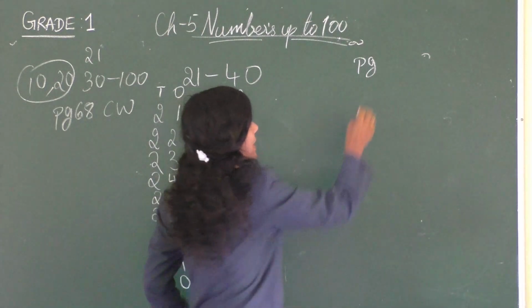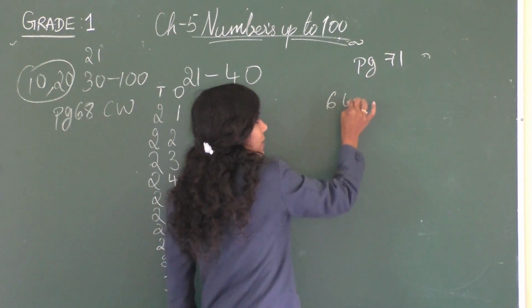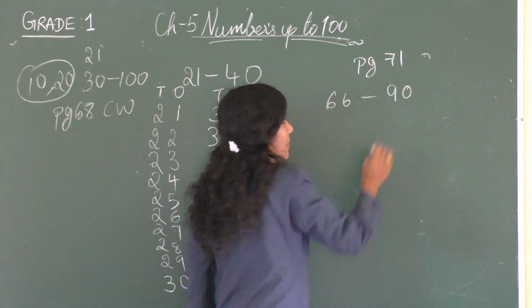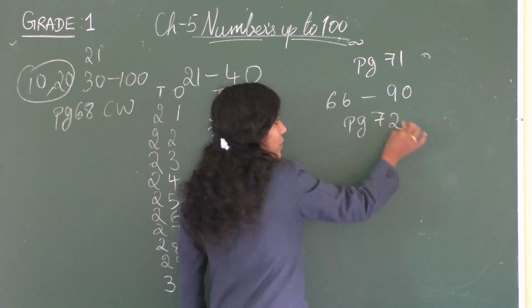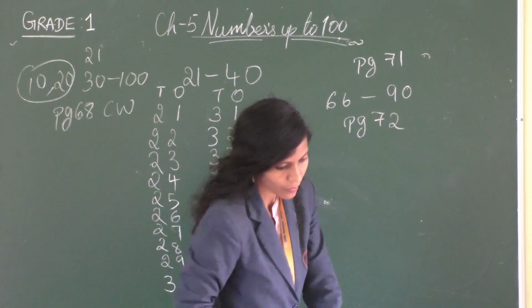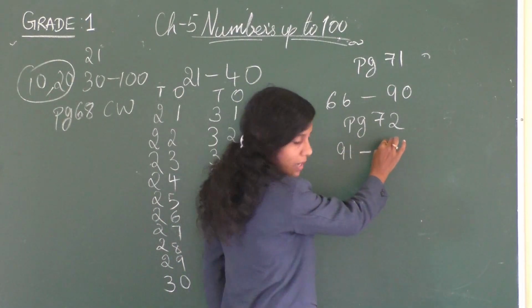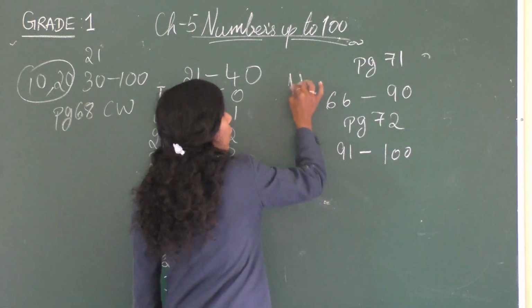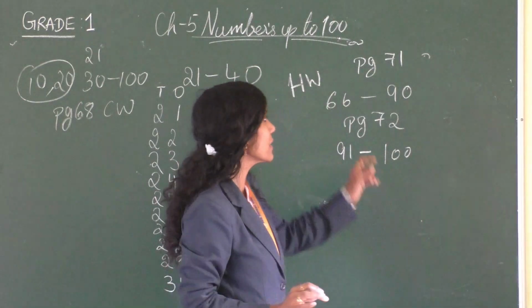Page number 71, 66 to 90, and page number 72, 91 till 100 are your homework. The method is totally the same, no difference.